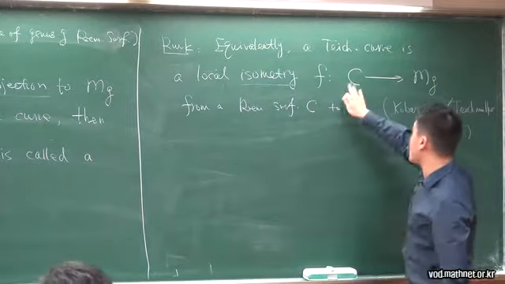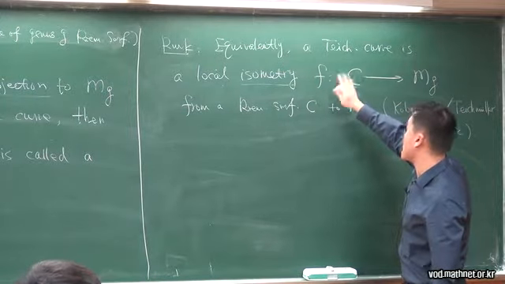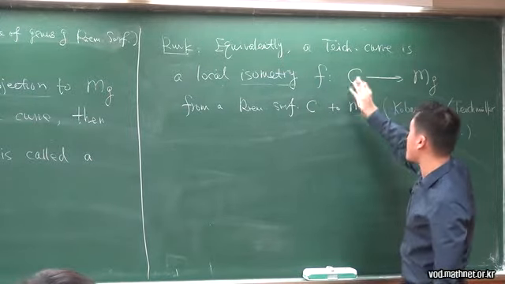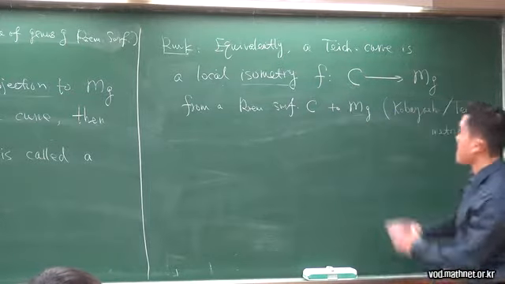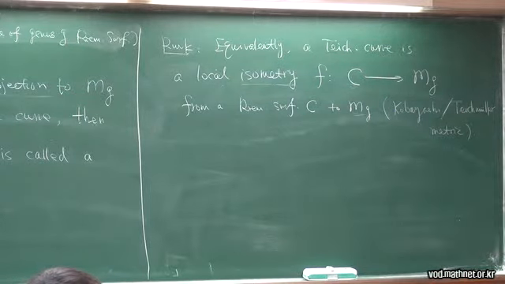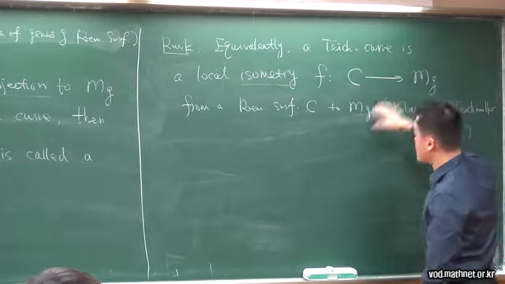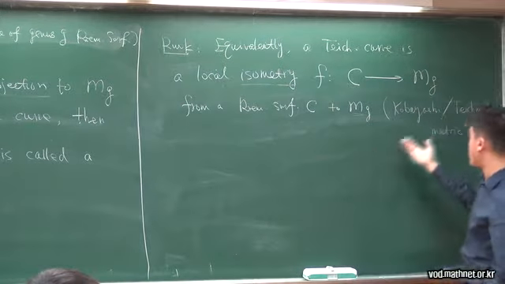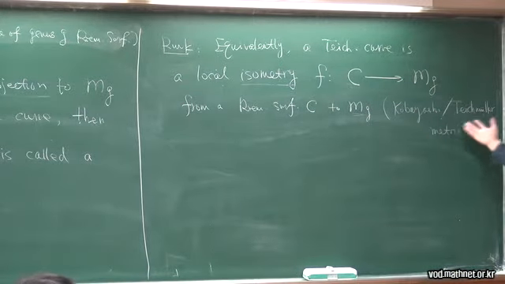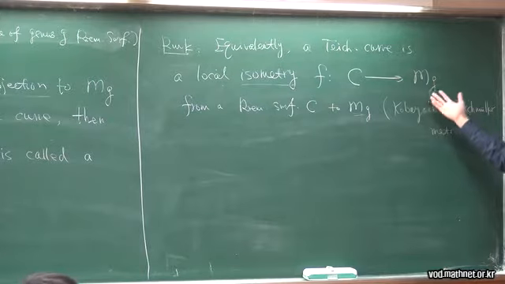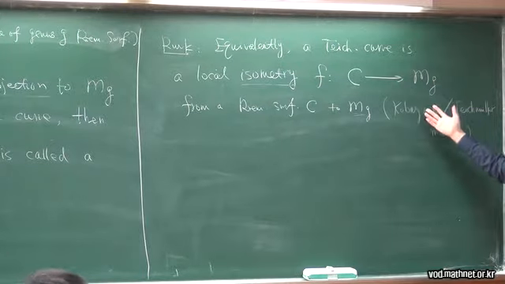On the other side, you take the universal cover of C, which, if it happens to be a Teichmueller curve, has to be the Poincare disk, and you take the hyperbolic metric there. So this roughly tells you that a Teichmueller curve can be regarded as a sort of complex geodesic under this Kobayashi or Teichmueller metric on the moduli space of genus G Riemann surfaces.